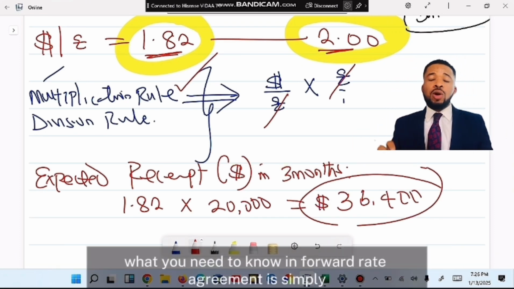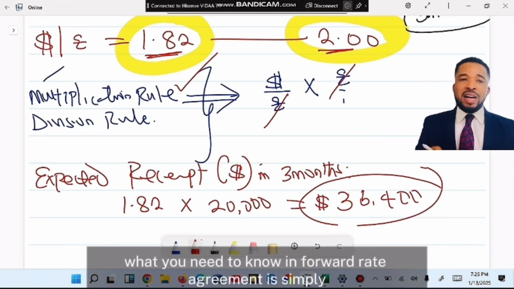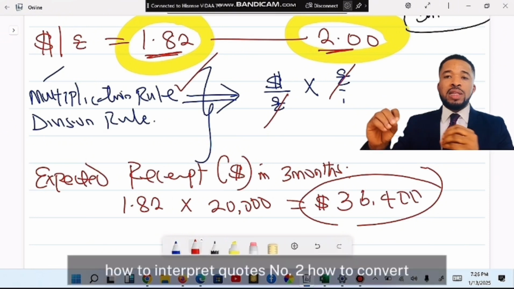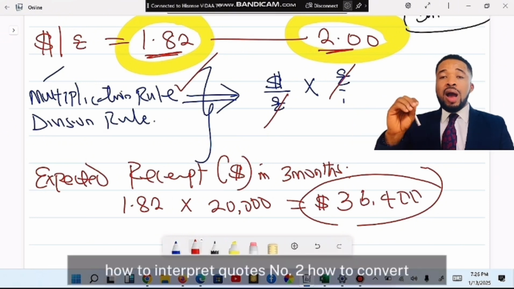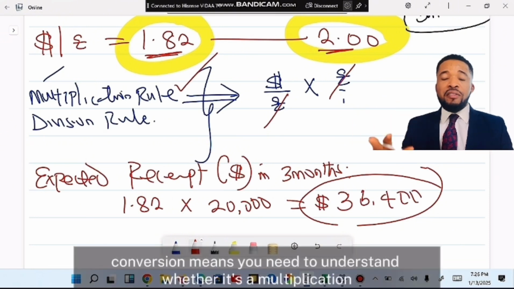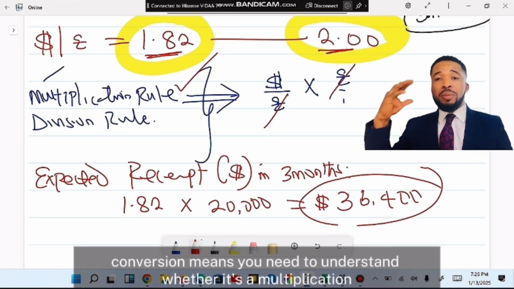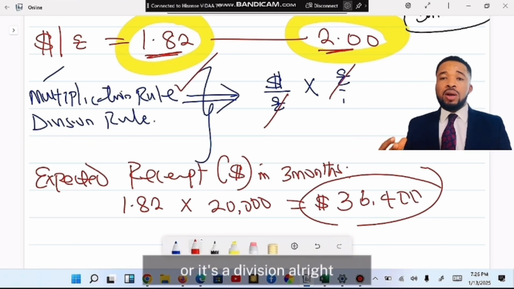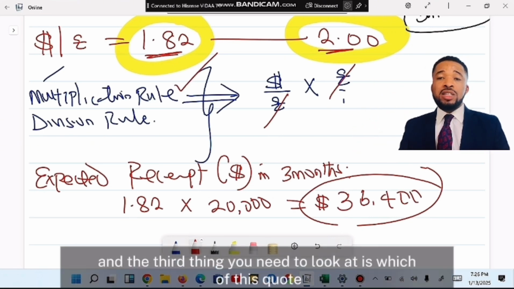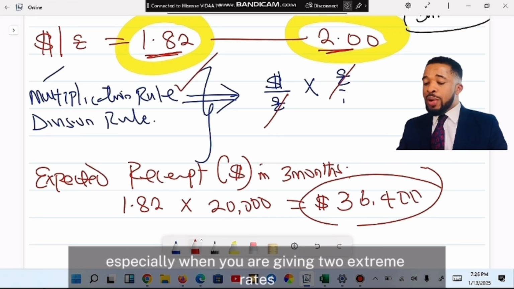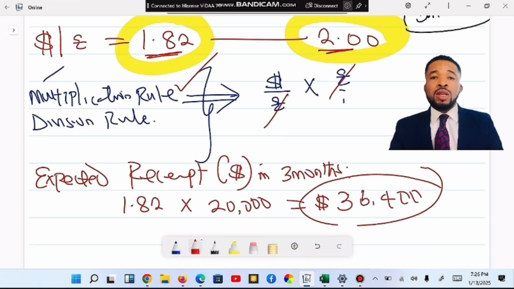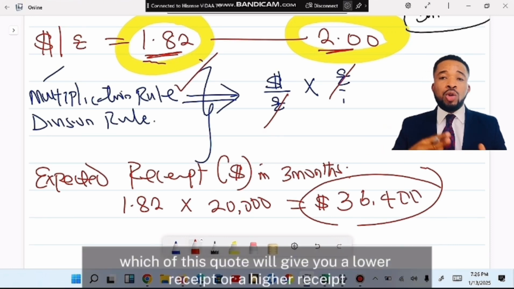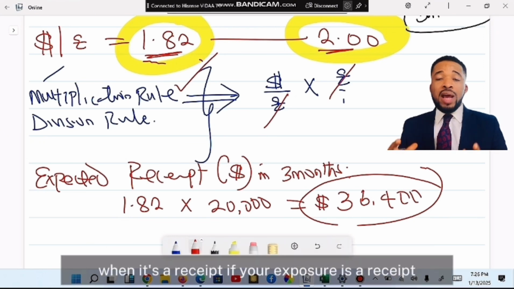So basically what you need to know in forward rate agreement is simply how to interpret quotes. Number two, how to convert. Conversion means you need to understand whether it's a multiplication or it's a division, all right? And the third thing you need to look at is which of these quotes, especially when you're given two extreme rates, will give you a lower receipt or a higher receipt.